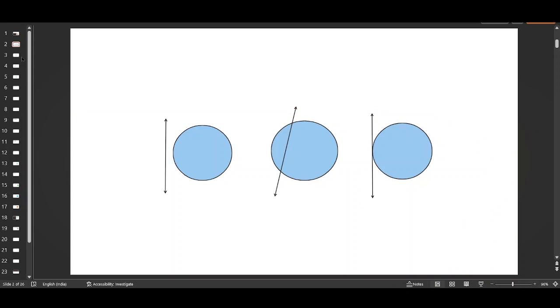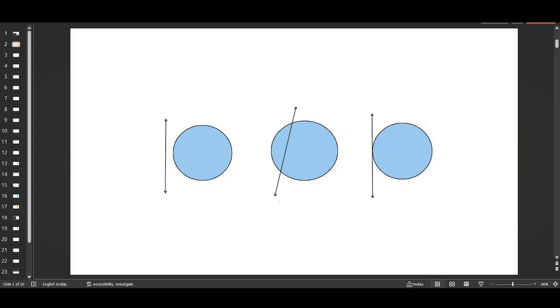Can you guess which type of figure this is? Here the line passes near the circle, here the line intersects the circle, and here the line touches the circle. So, what do you think?